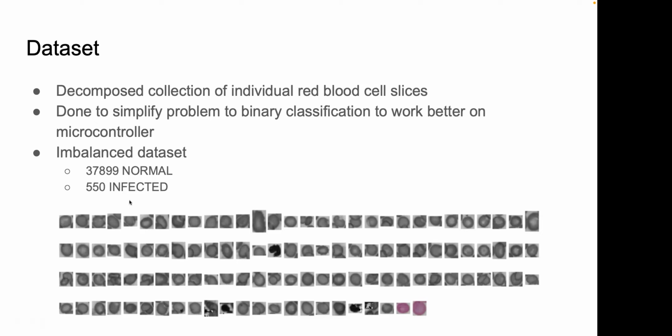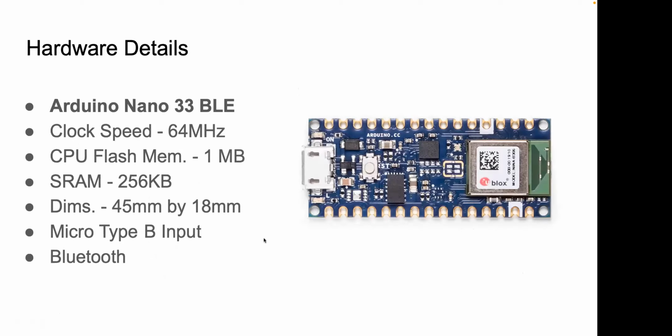And so this becomes a problem because you have a lot fewer examples of infected cells in the data set. And that's the most important part of the data set, trying to find out which ones are infected. So that becomes a problem, especially for handling it on a device with such little memory. And so, yeah, that's how I edited the data set to be used on the microcontroller.